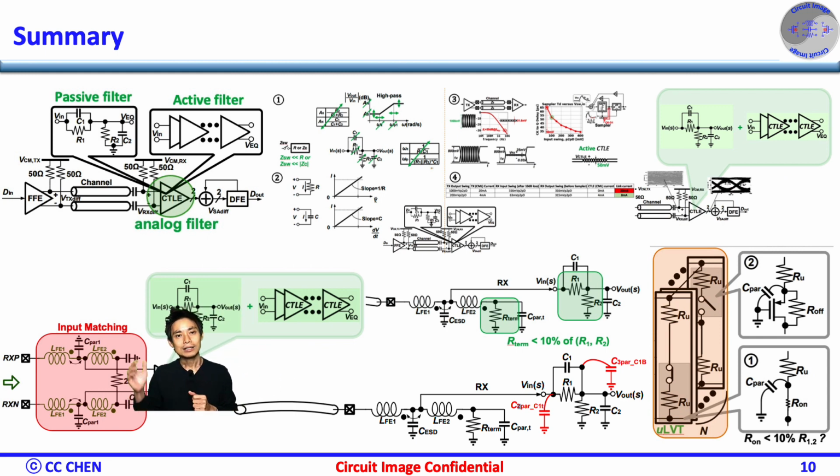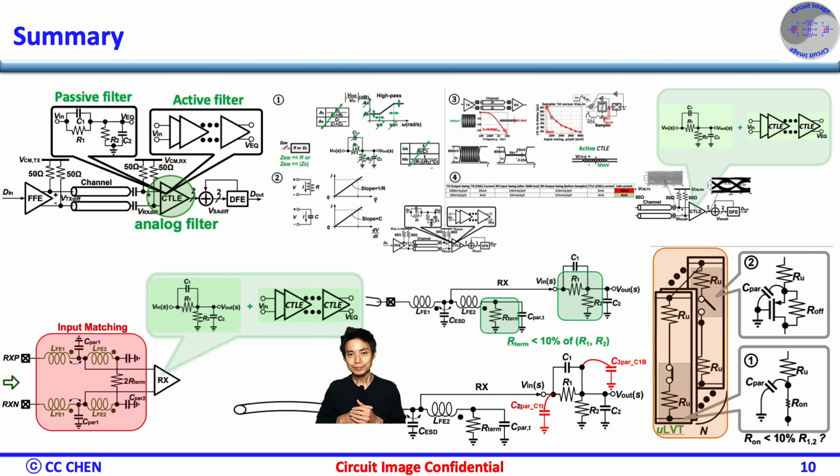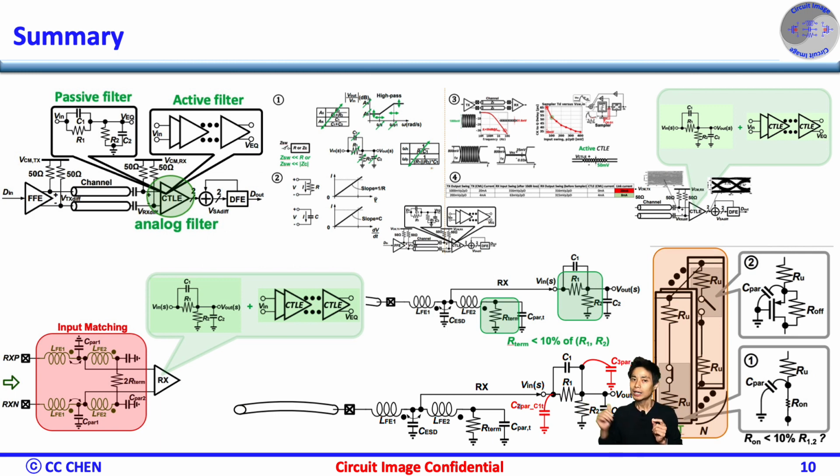Unfortunately, the first stage passive CTLE must be co-designed with the RX input matching with the T-coil and RX termination. First, the parasitic capacitance from the feed-forward capacitor C1 and shunt capacitor C2 must be reduced to avoid loading the ESD node and degrading the equalization accuracy.